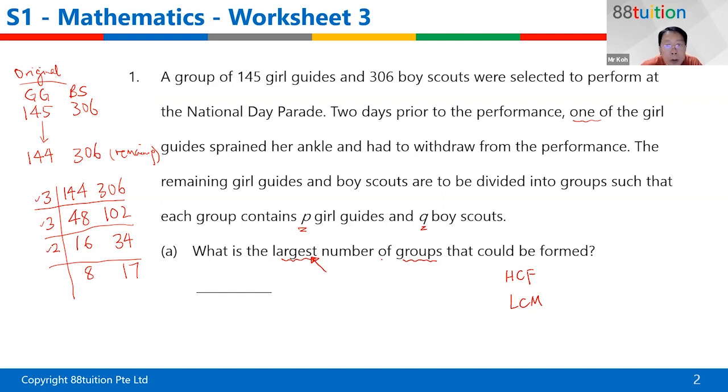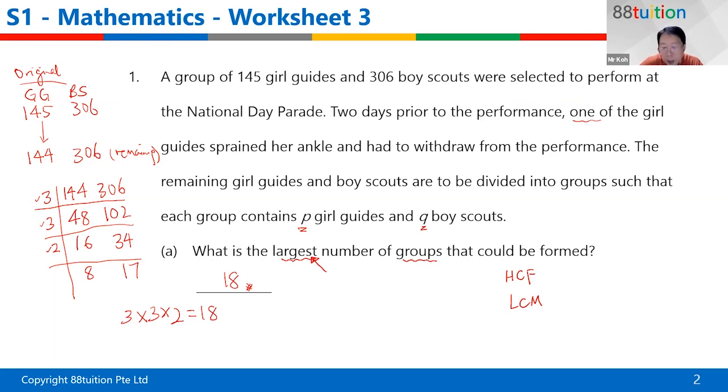So the largest number of groups that can be formed will be 2 times 3 times 3, and that gives you 18. So the answer is 18. Would that be okay? Is that all right? Are you okay? Can you remember how to do HCF, right?